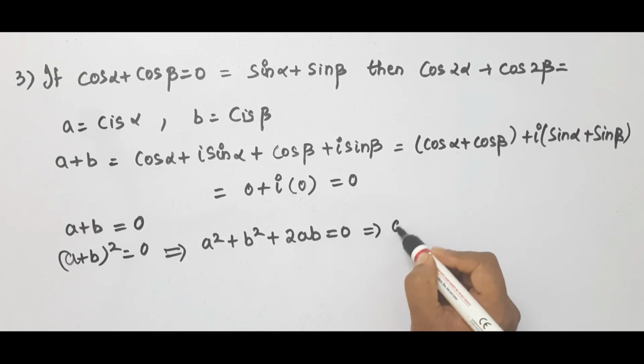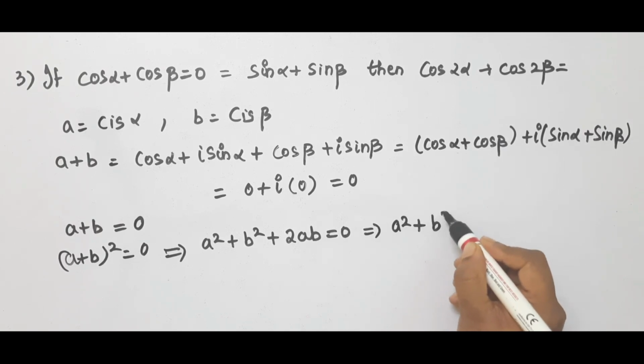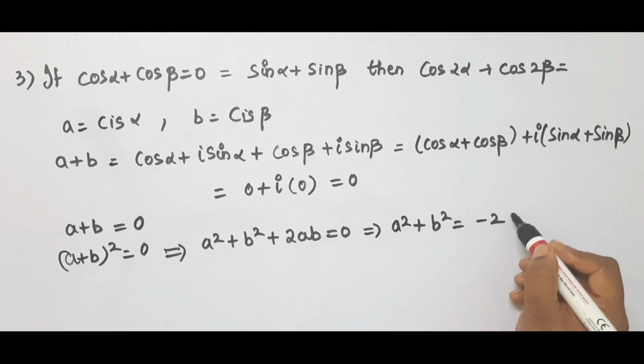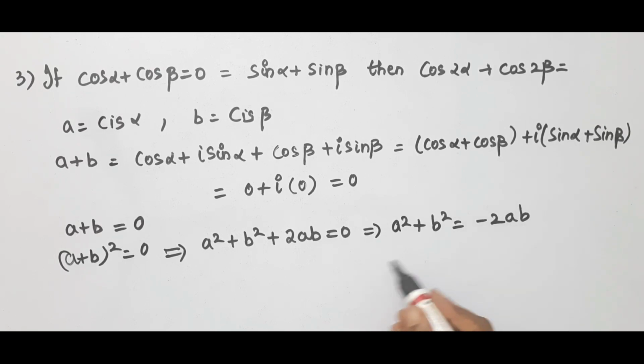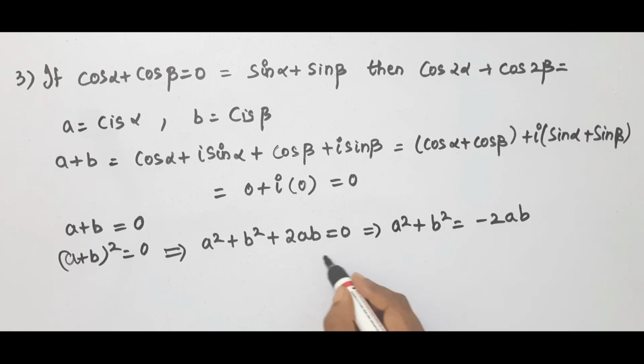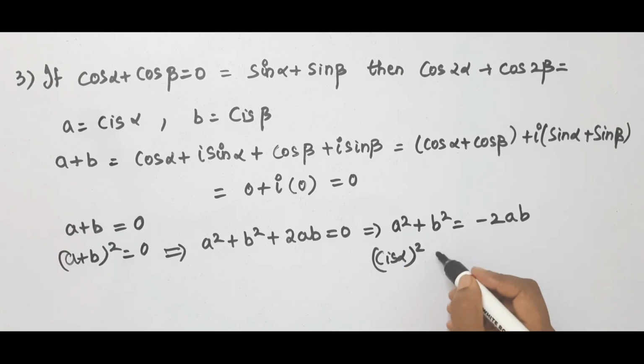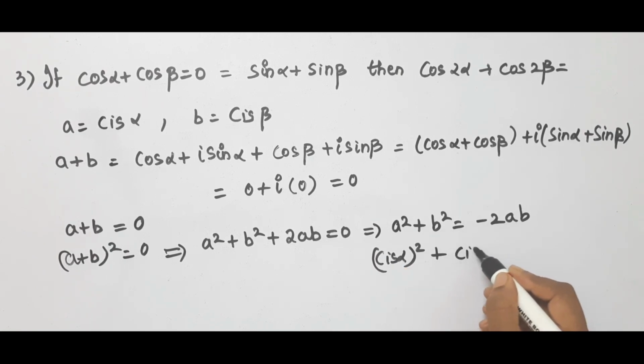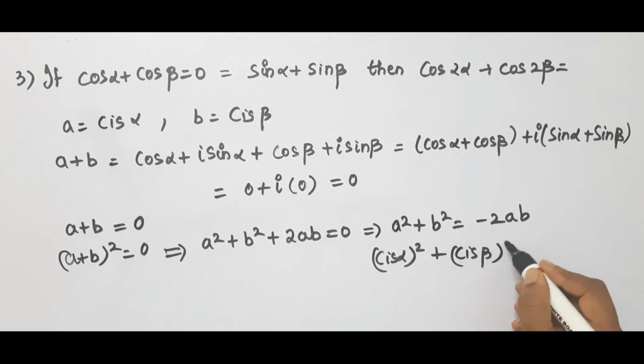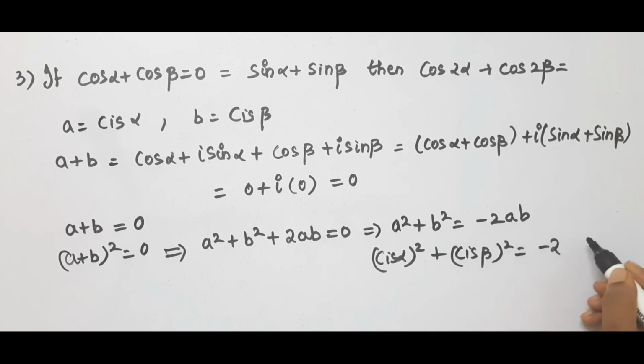So this becomes A square plus B square is equal to minus 2AB. Now substitute the values of A and B. A square is nothing but cis alpha whole square plus B square is nothing but cis beta whole square. This is equal to minus 2 cis alpha into cis beta.